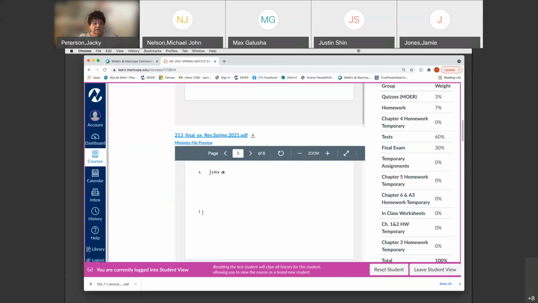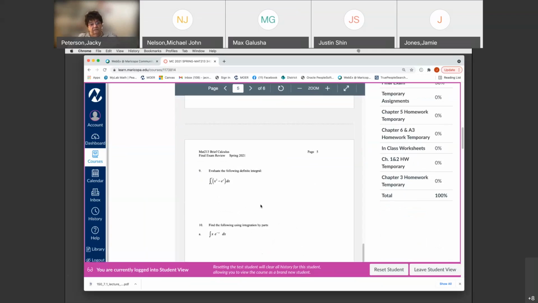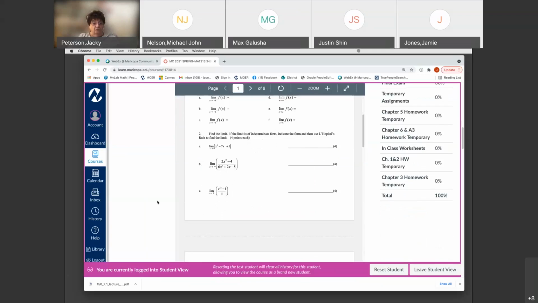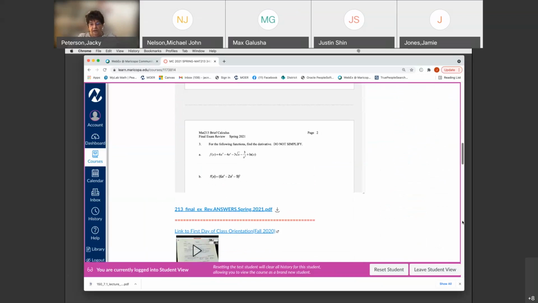This is an improper integral. And this is the area under the curve. So that covers all the types of problems that are on the final. There are more of them, but this gives you at least something that you can practice on.